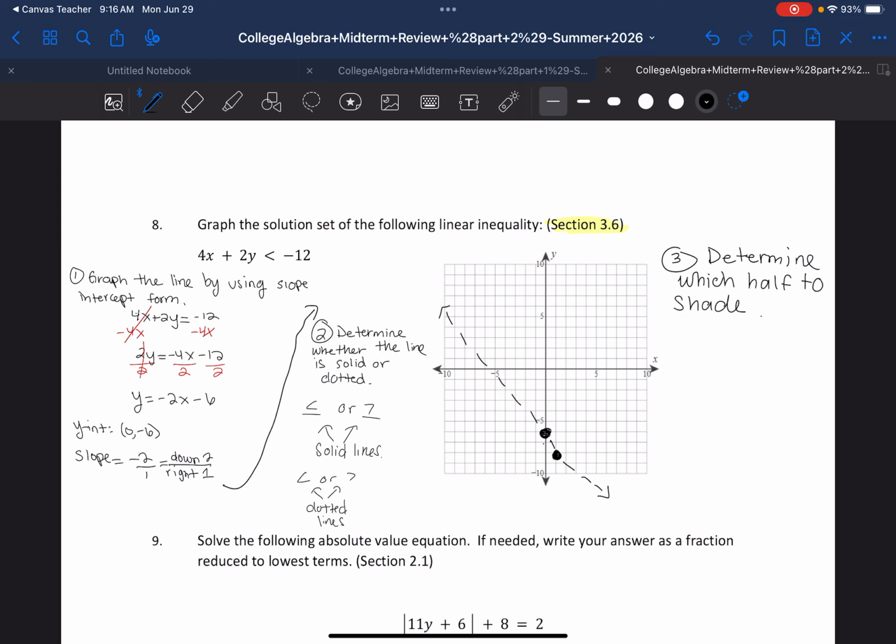So when you have to graph an inequality, you need to determine whether it's solid or dotted. And then you need to determine which side of the line to shade.